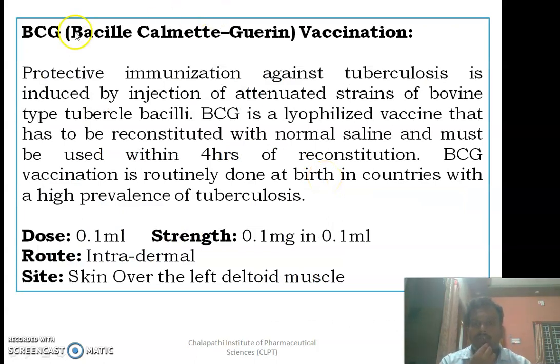And you all know the BCG vaccination. It is the vaccine given to prevent tuberculosis. Generally the dose of the BCG vaccine is 0.1 mg in 0.1 ml, given intradermally over the skin of the left deltoid muscle.